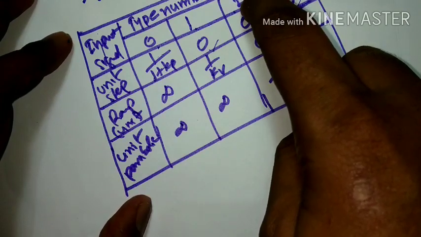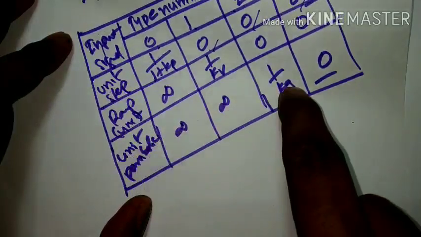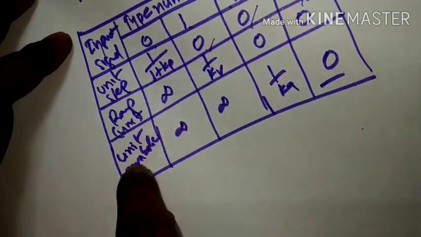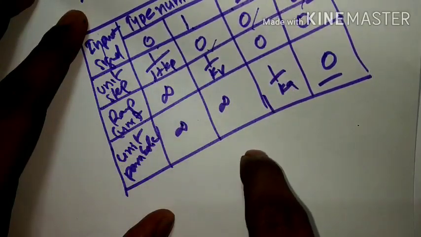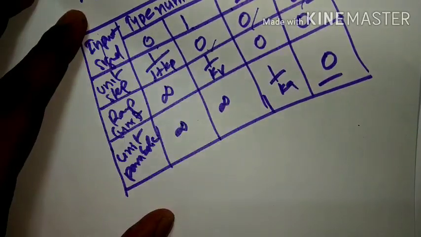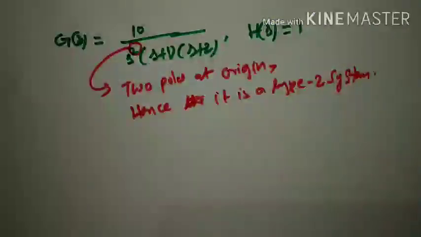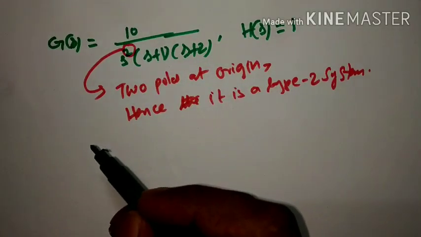So for the type 2 system, your input signal is unit parabolic, meaning acceleration signal. And what is the steady state error? ESS is equal to 1 by KA. Okay, so I am going to write it here.